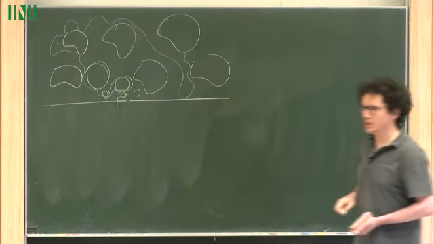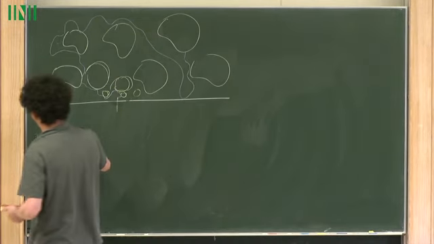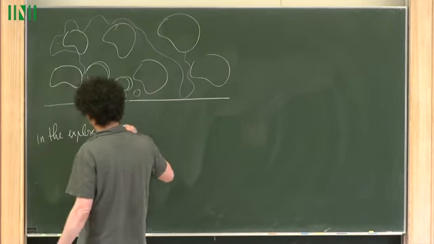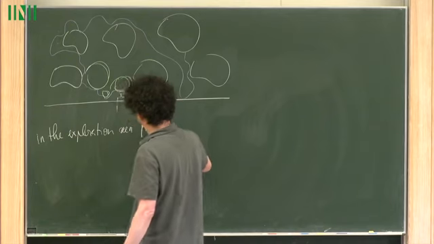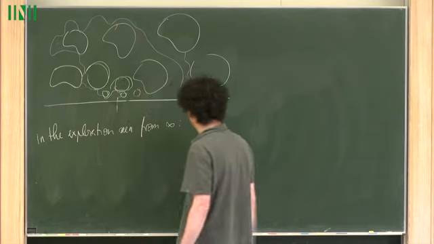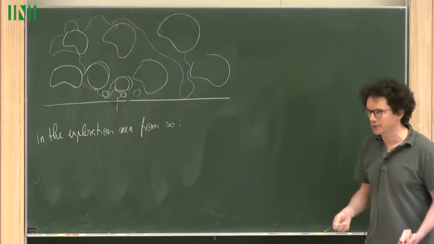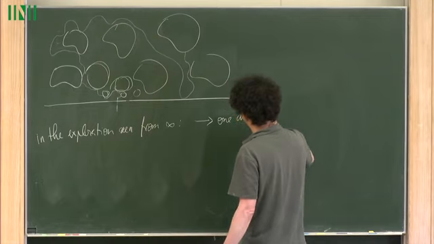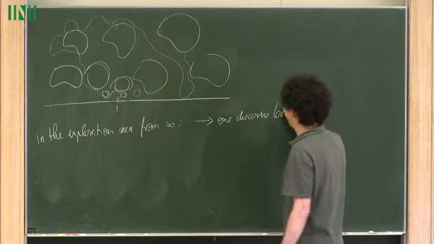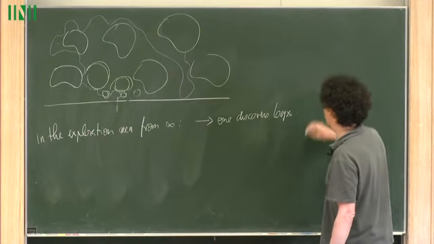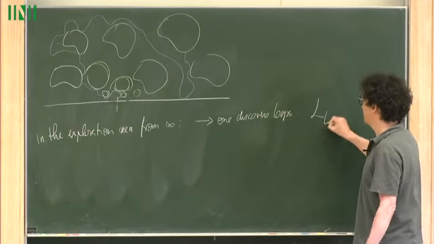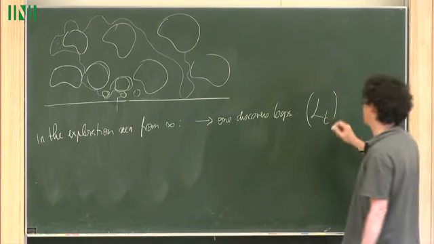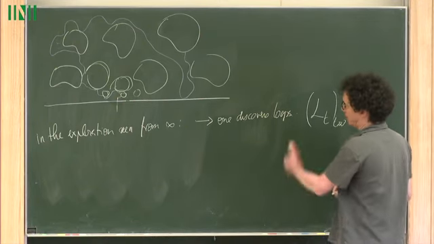Seen from infinity in the exploration, there are three things that can happen. One discovers loops. Let's call them L_t, with some time parameterization of the trunk, t positive.